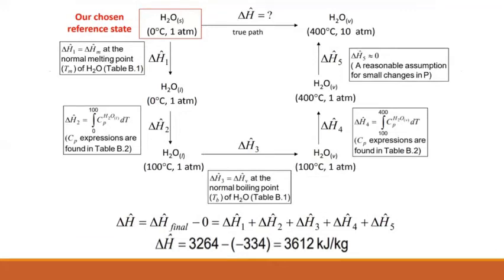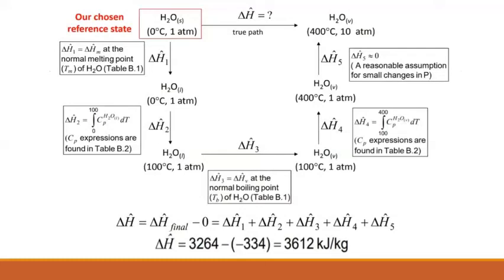And for H3, you can see H2O is moving from liquid becoming a vapor. So H3 will equal the heat of vaporization of water, which can be found in table B1. And H4 is again the shift of temperature from 100 to 400, and we can use the same expression of specific heat, but this time we use 100 to 400 degrees Celsius.